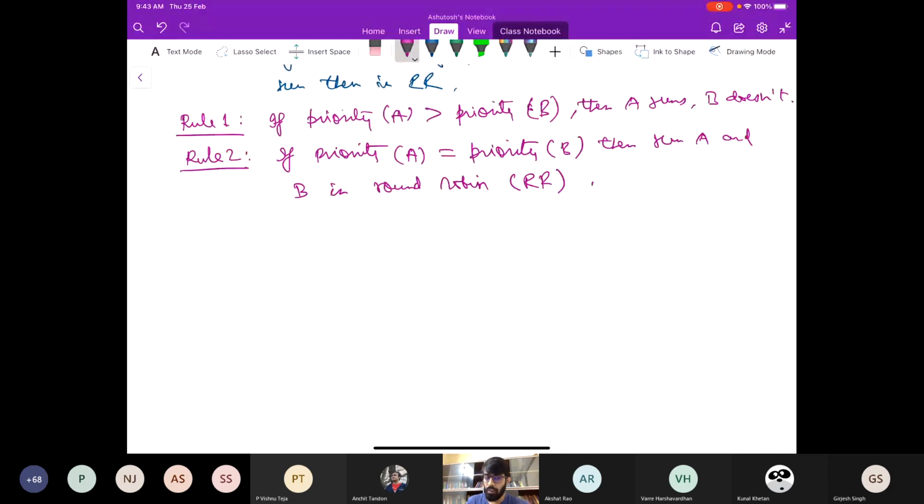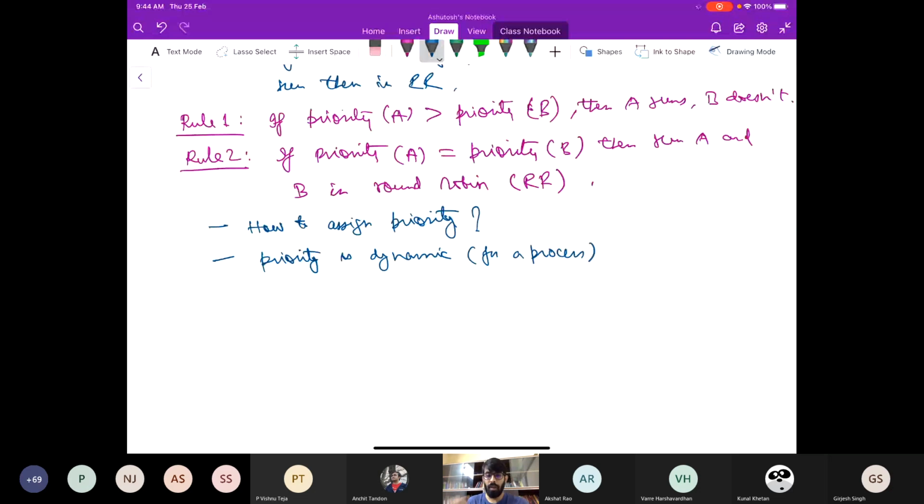What is this priority thing? Everything depends on that. So the question is how to assign priority. Of course this cannot be static, so this has to be dynamic. A process can sometimes get high priority, sometimes lower priority. We'll see how.